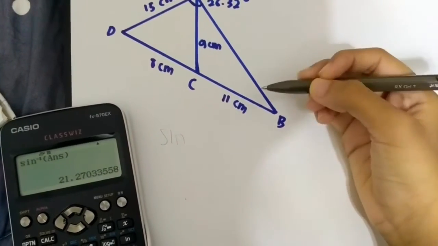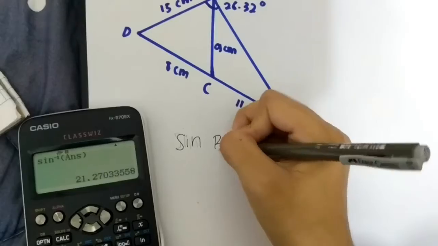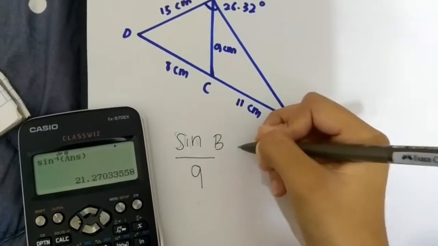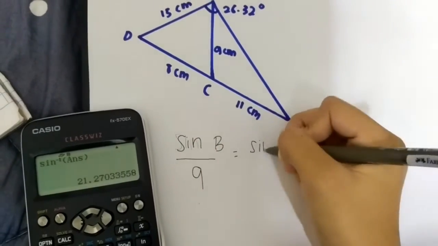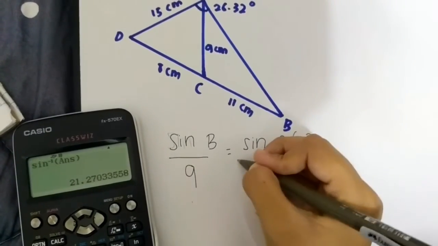Firstly, find the angle of B using sine rule. Sin B over 9 equals to sin 26.32 over 11.